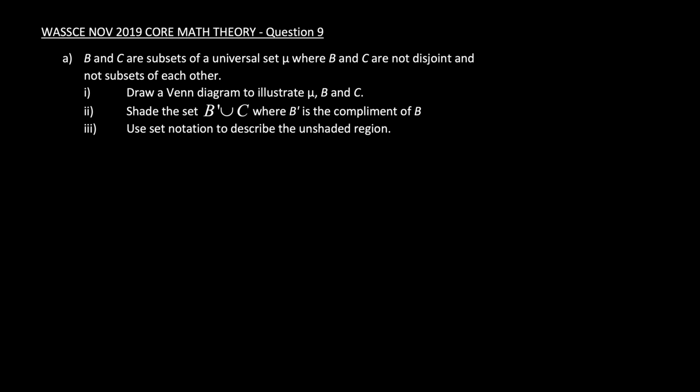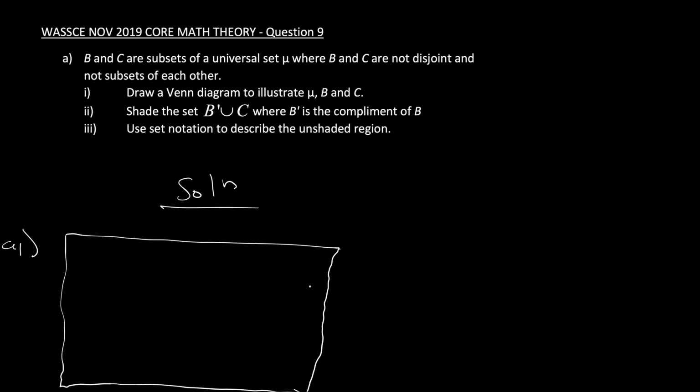So moving on to the solution of our question. Our universal set is the total number of students in the class. To illustrate this on a Venn diagram, the whole of this square is our universal set mu. And we have B and C. B represents this circle and C represents this circle.